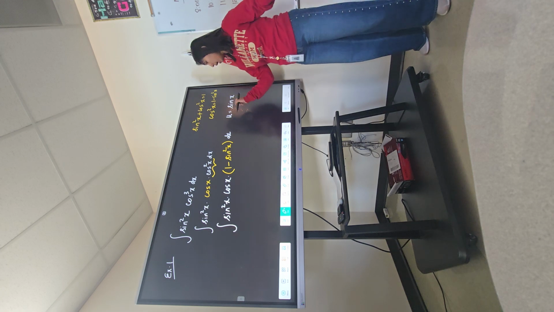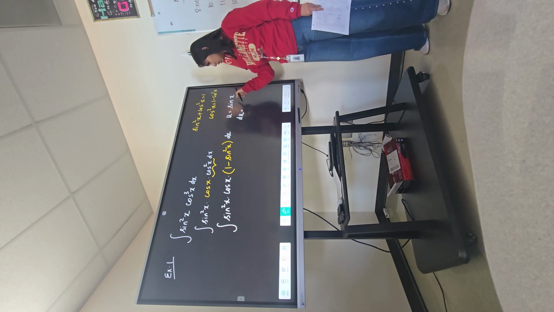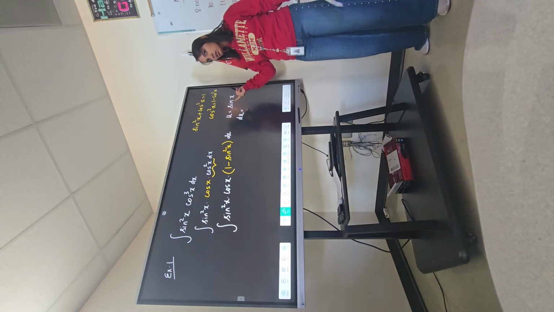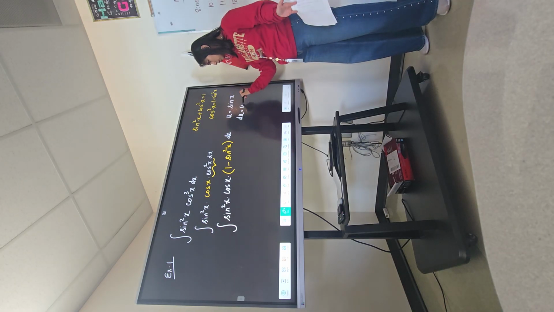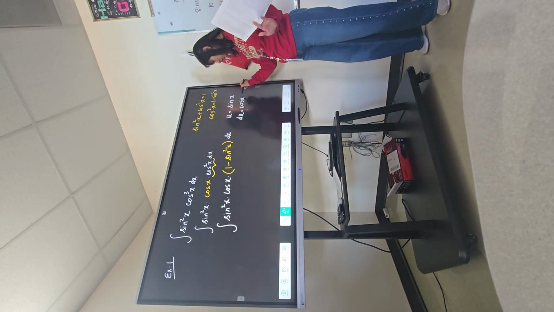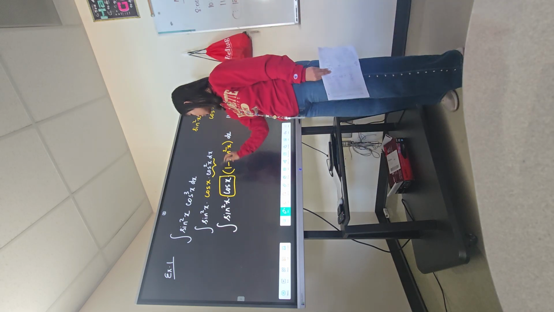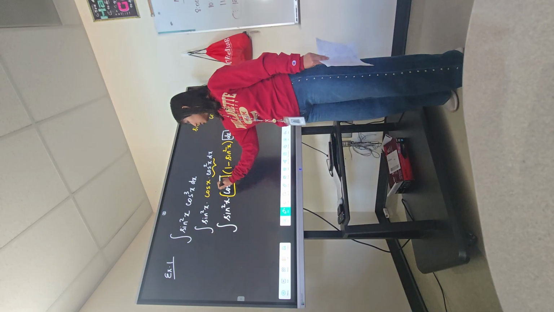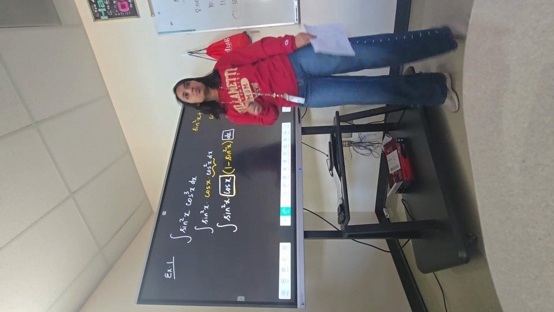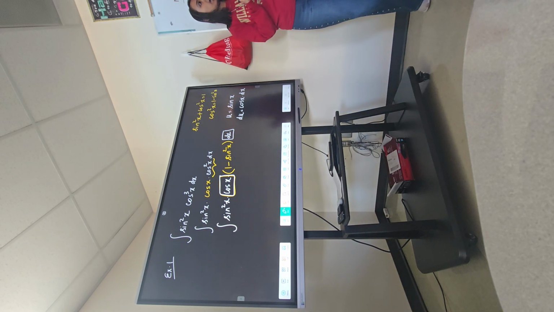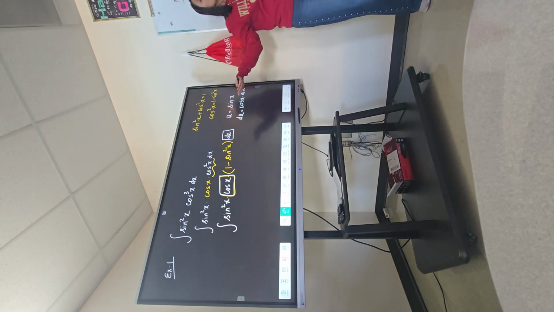So now du would be cosine x dx. See how I can now replace this chunk that I factored out as du? If you did it the other way, it won't work.